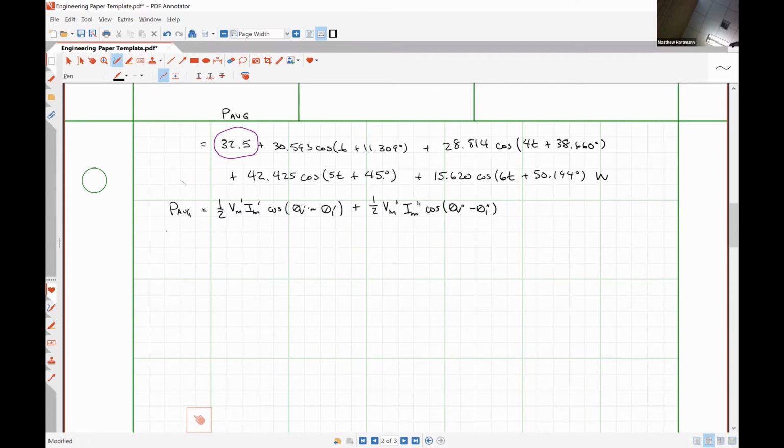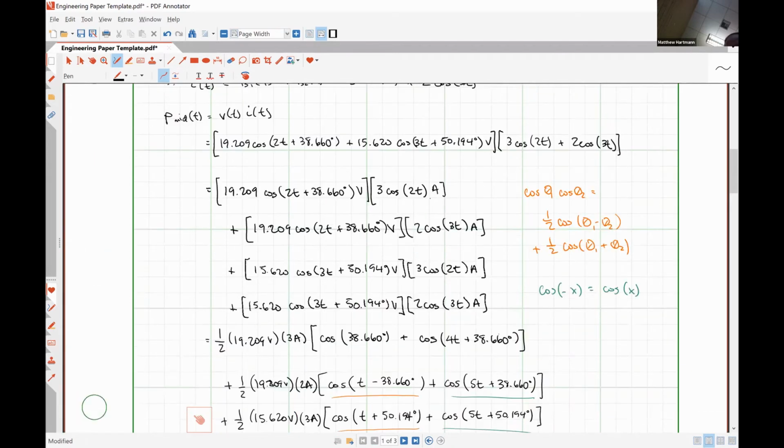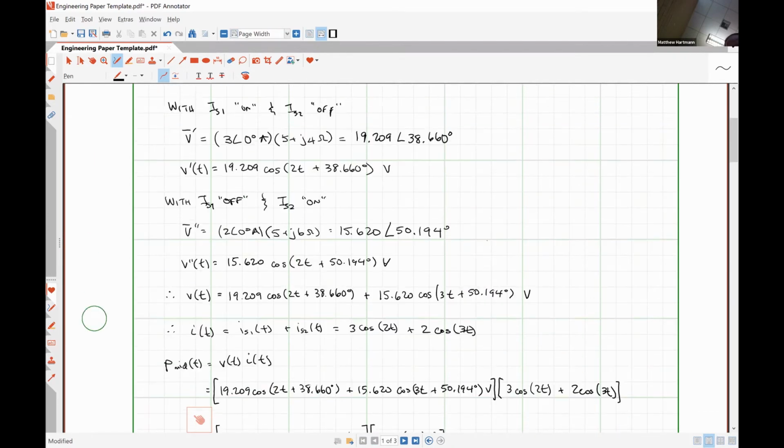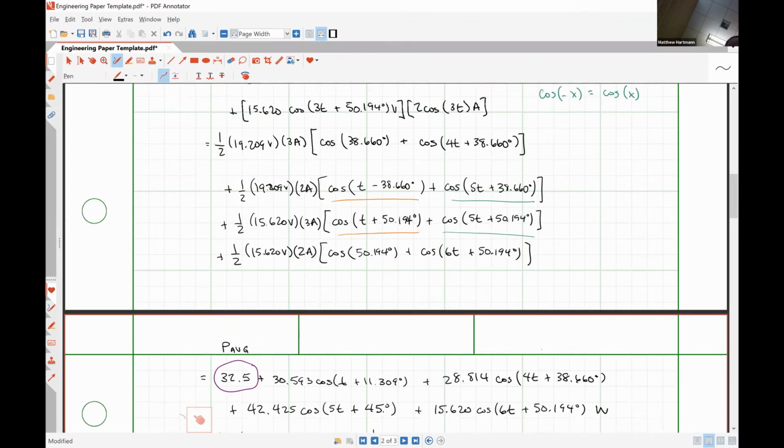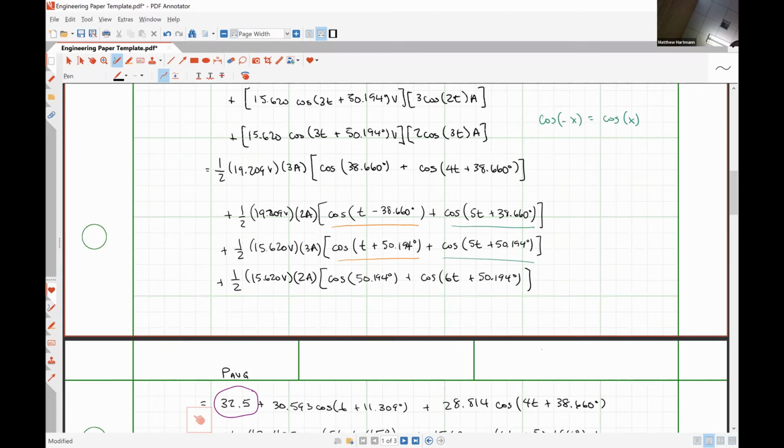So let's try this again. 1/2 times 19.209 times 3 cosine of 38.660 plus 1/2 times 15.62 times 2 times cosine of 50.194.